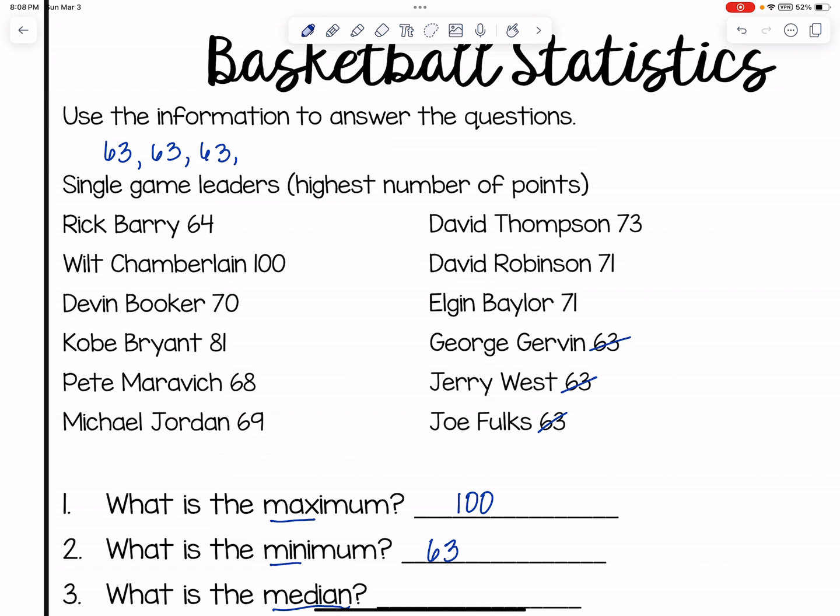All right, let's see. We got a 64. And mark it off so we don't miss it. Let's see, any other 60s? Yep, we have a 69. Michael Jordan. We have a 70. Devin Booker.